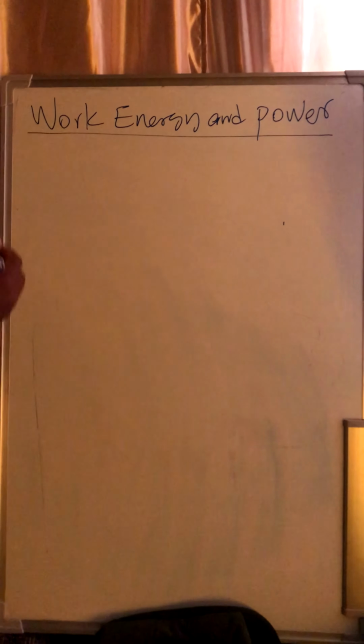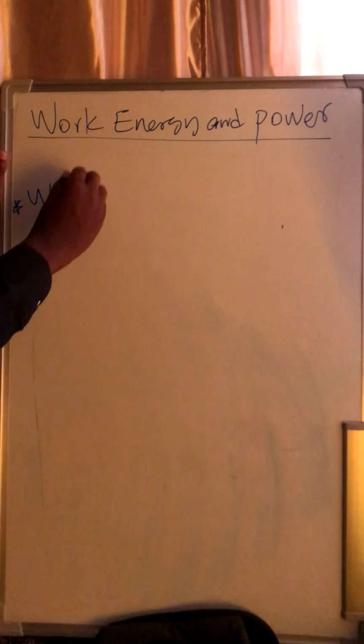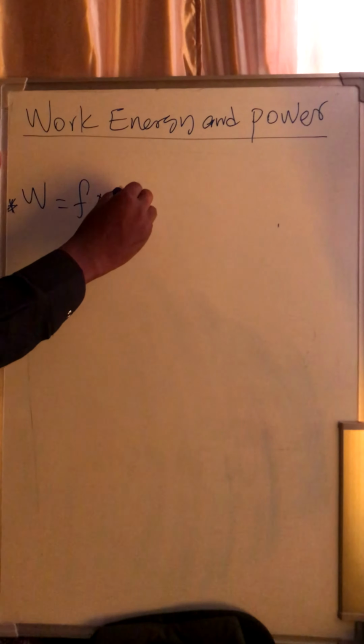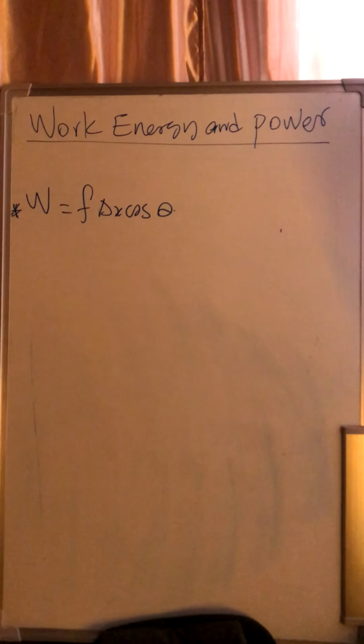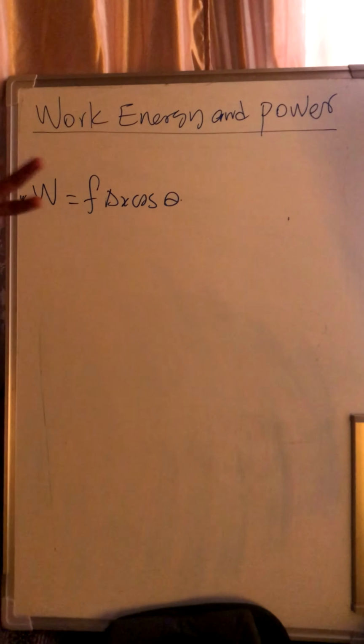Now let's proceed. We have W is equal to F change in x cos theta. This is the formula we use when we want to calculate the work done by a constant force.